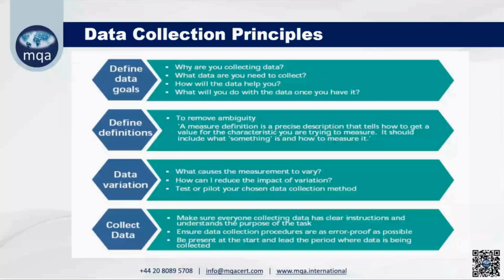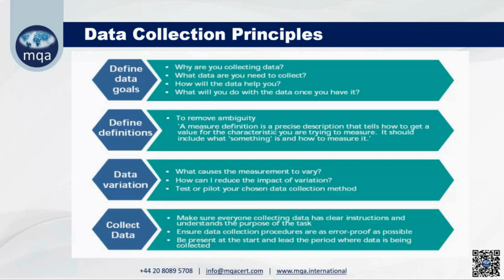Then define the definition, to remove ambiguity. Ambiguity means, suppose I ask someone to measure the length, but the person doesn't know which unit he has to measure in, whether in mm or inch, whether in decimal points or single digit, like 0.0102, which instrument, what accuracy level is required.